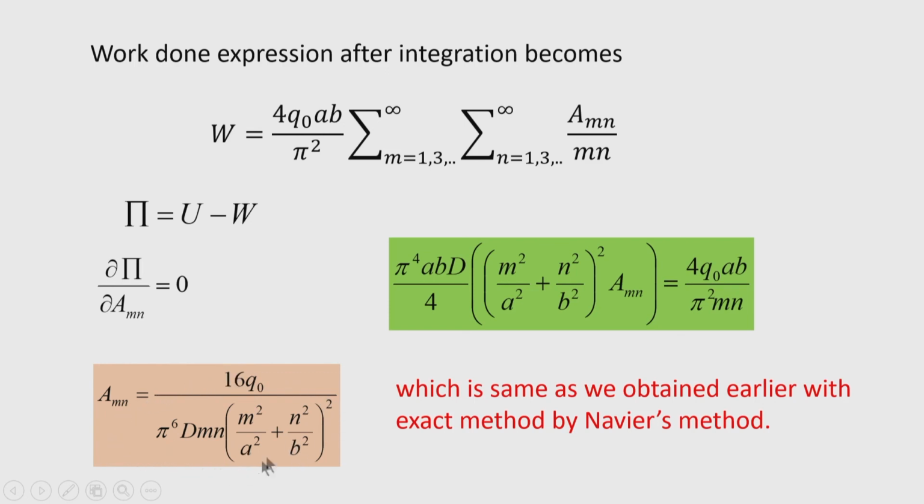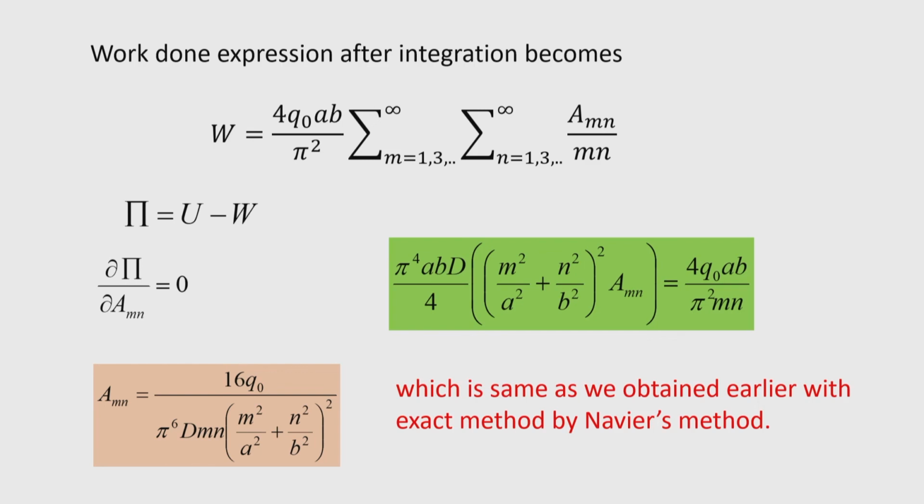So, that is well known to us, because in Navier's method, when we solved the differential equation of the plate using the double trigonometrical series, we got the same expression. That means, in that case the force boundary conditions as well as geometrical boundary conditions are satisfied using the double trigonometrical series.